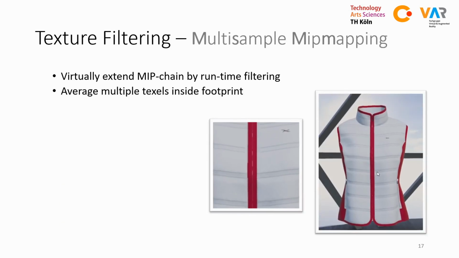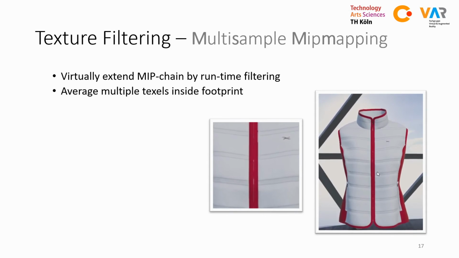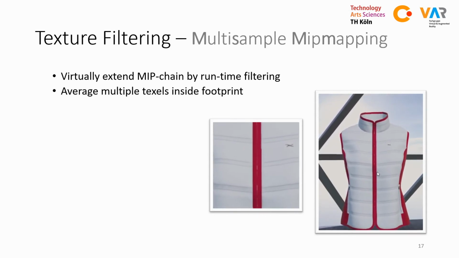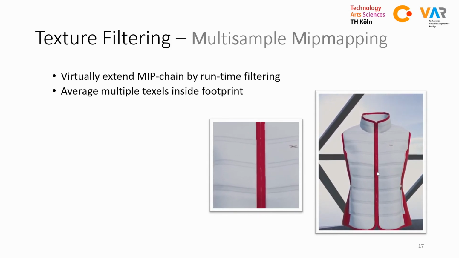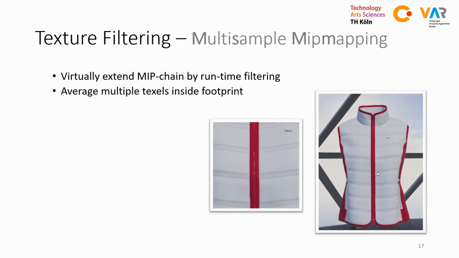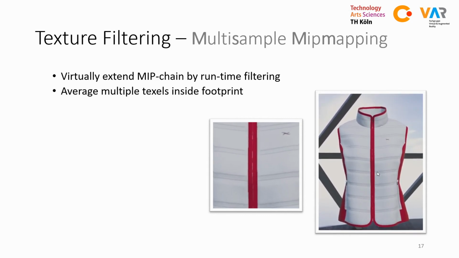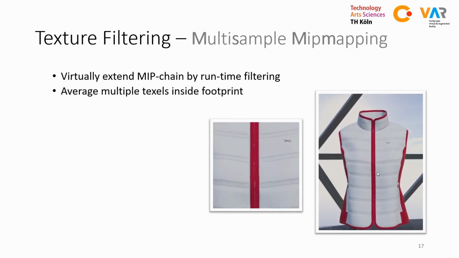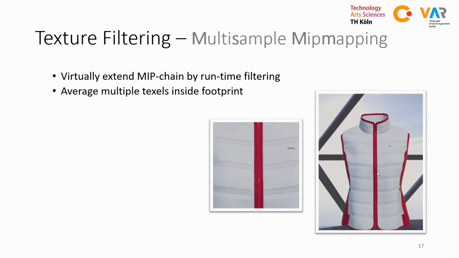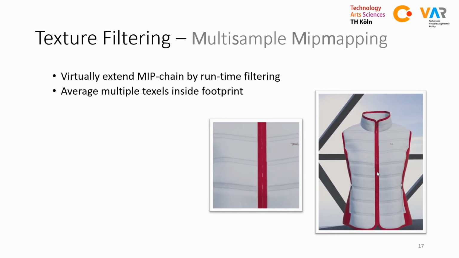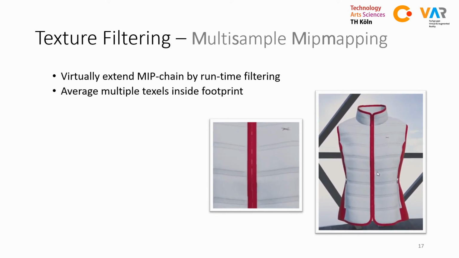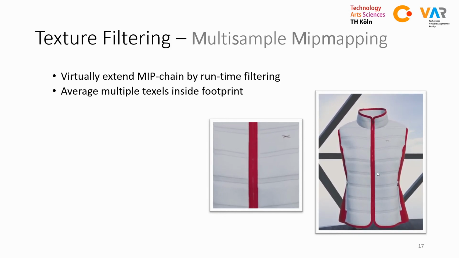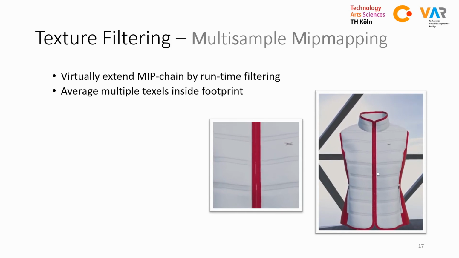To extend our MIP chain further, we ultimately settled on a runtime filtering approach, and we called it Multisample Mipmapping, or MSMM for short. For pixel footprints that are larger than the available MIP chain, we simply resort to sampling multiple texels inside this footprint and averaging them. It's basically per pixel mipmapping, but done on the fly.